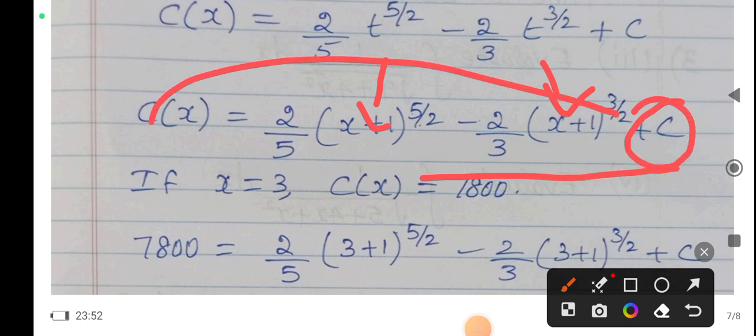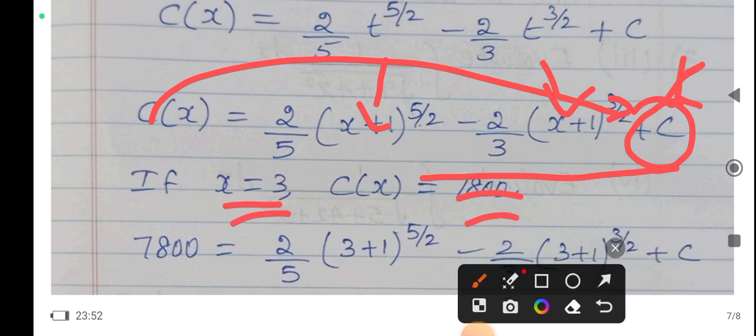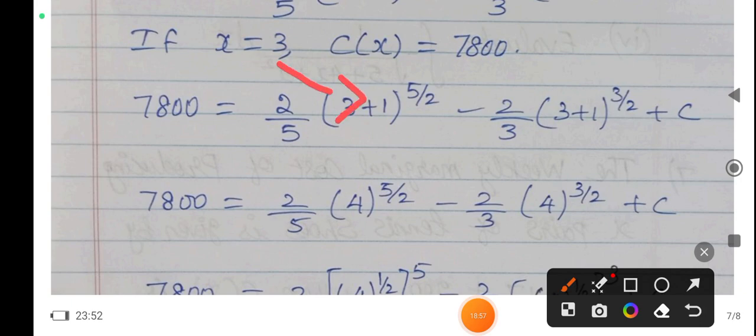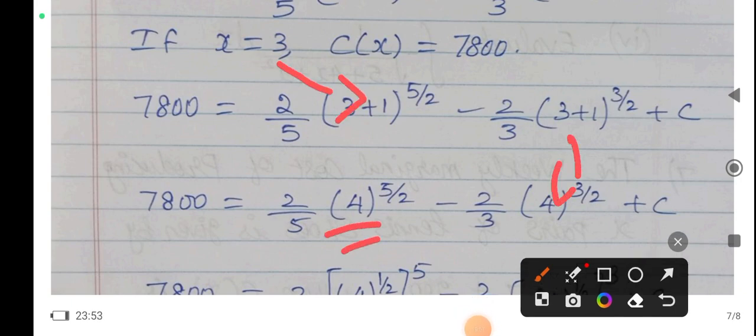If this c confuses you, then consider it as k, your wish. So x equals 3, C of x is 7800. Substitute. Wherever x is there, substitute 3. So 3 plus 1 is 4, again 3 plus 1 is 4, 4 power 3 by 2.